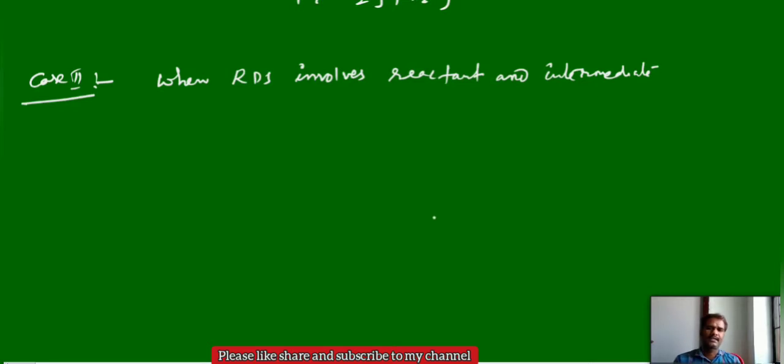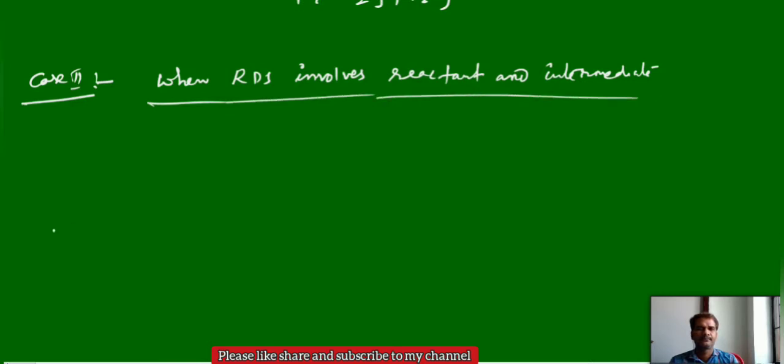If both are present in a rate determining step, then how to write the rate law? Again, let us take one example here. Directly we will go with the reaction 2O3 forming 3O2.